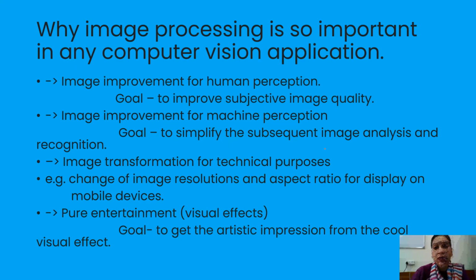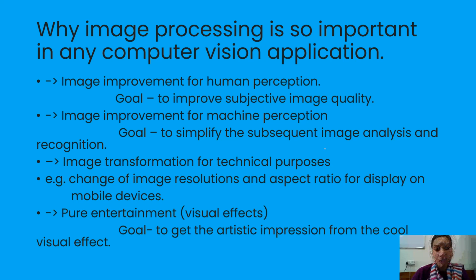Why is image processing so important in any computer vision application? Image improvement for human perception, to improve subjective image quality. Image improvement for machine perception, to simplify the subsequent image analysis and recognition.